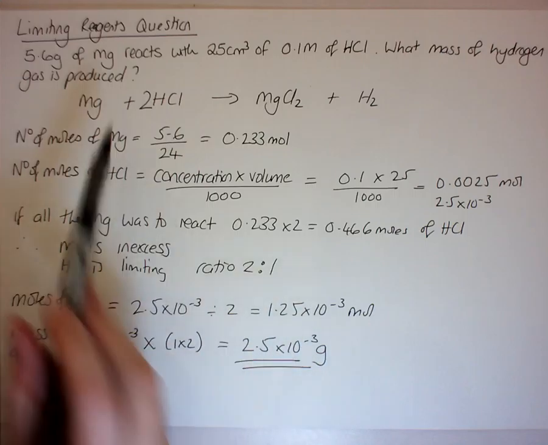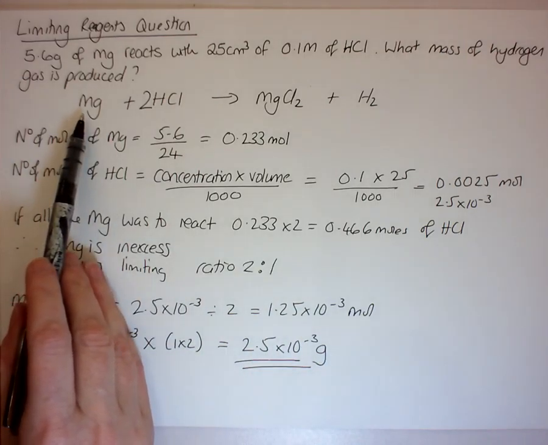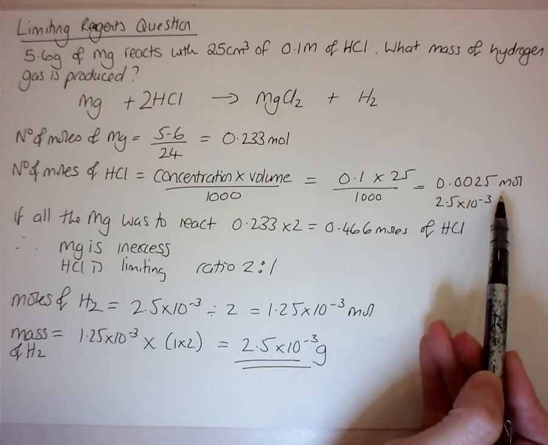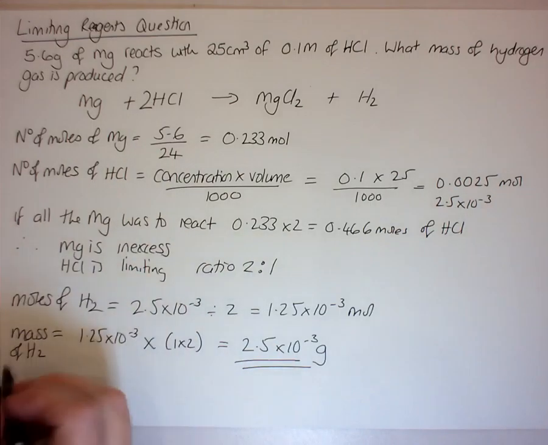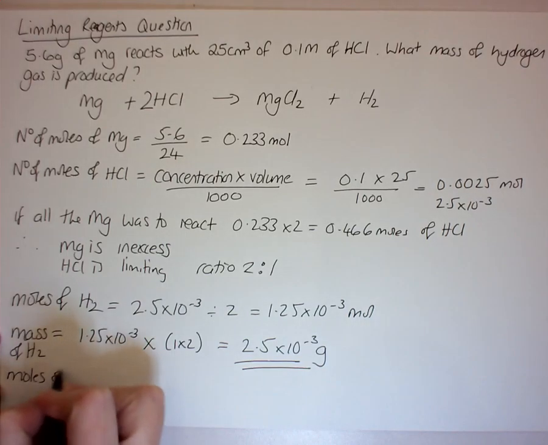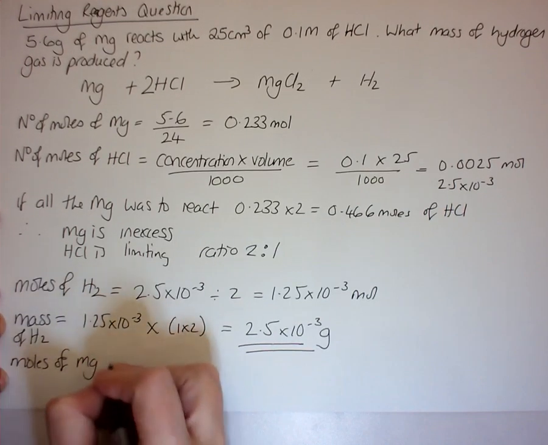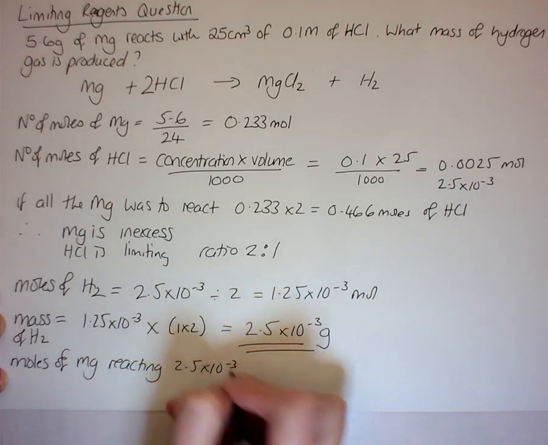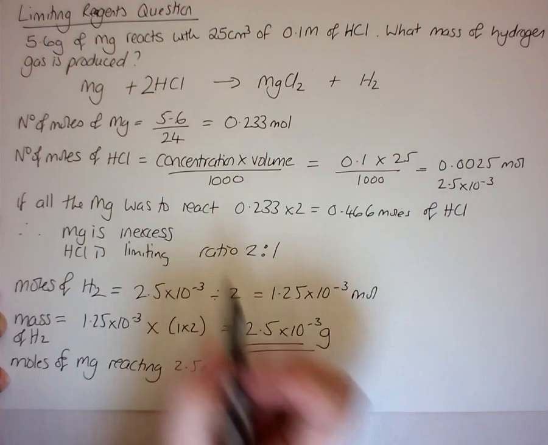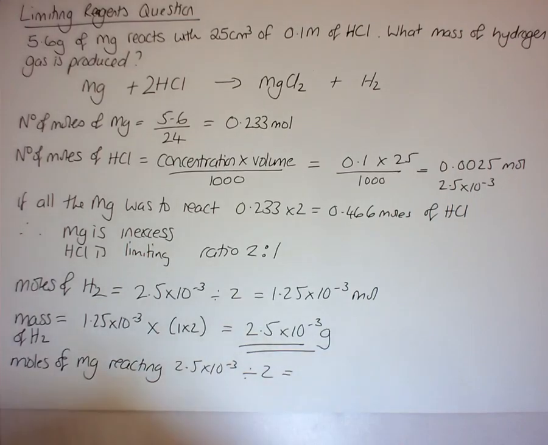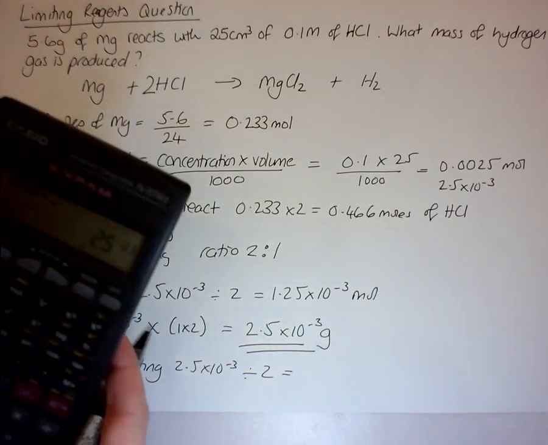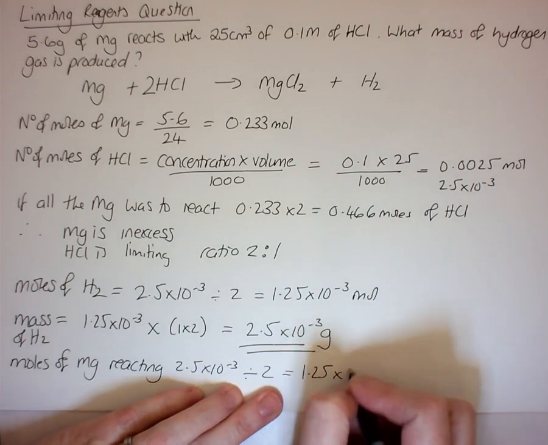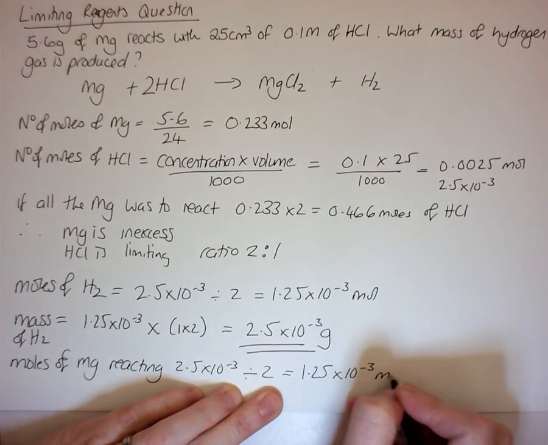We could then go back on to work out how much magnesium was left over. The number of moles of HCl reacts. I can work out moles of magnesium reacting: 2.5 times 10 to the minus 3 divided by 2, 1.25 times 10 to the minus 3 moles.